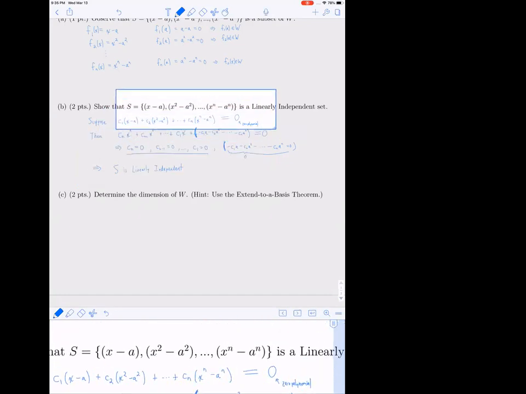Each of the polynomials in the set has a different power of x involved.